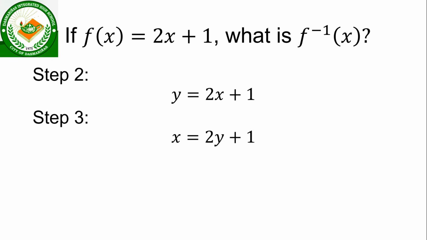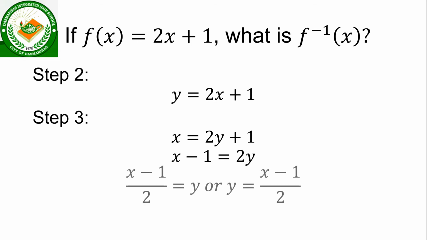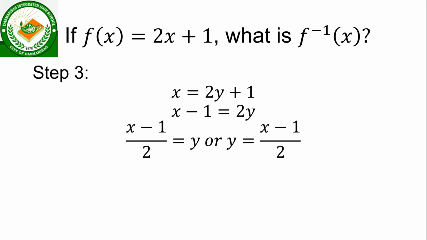Step number 3. I interchange or switch places of x and y. Then solve for y. Subtract both sides by 1, we have x minus 1 equals y. And then divide both sides by 2, we have (x minus 1) over 2 is equal to y, or y equals (x minus 1) over 2.